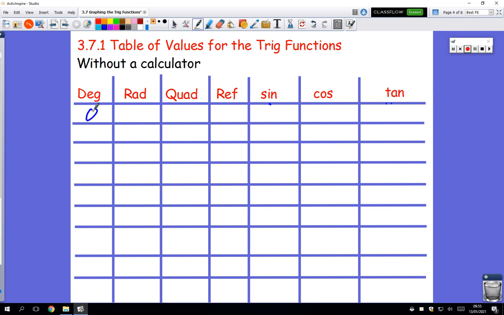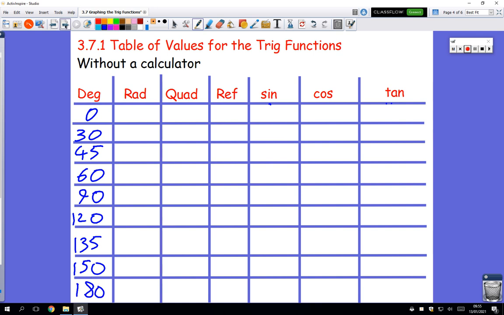So starting with 0 degrees, looking at special angles, I hope at this stage you know the special angles are 0, 30, and 45, and all their multiples. So 0, 30, 45, 60, 90, 120, 135, 150, and 180 for the moment.